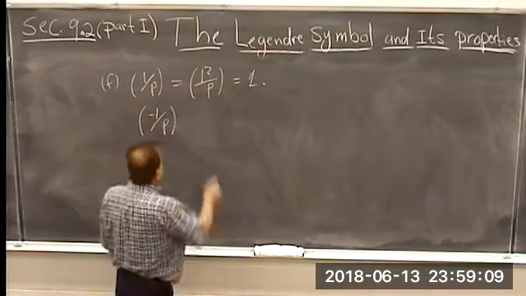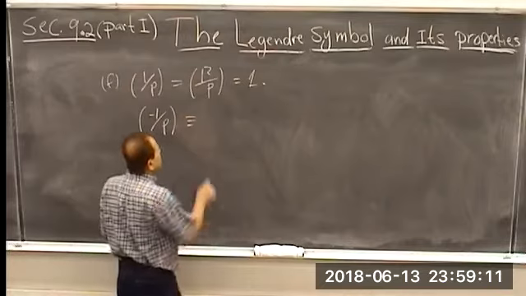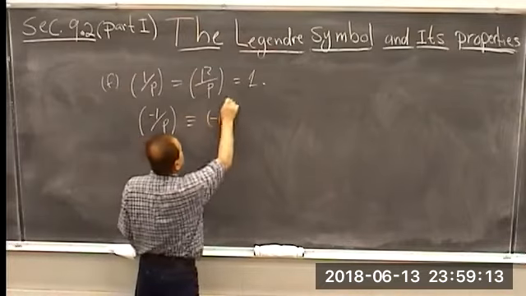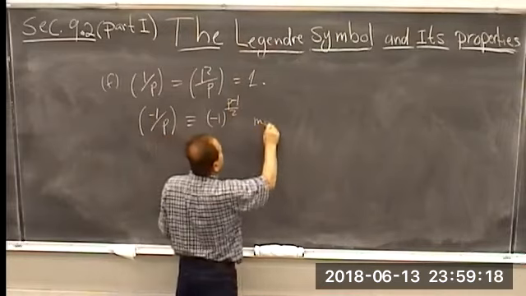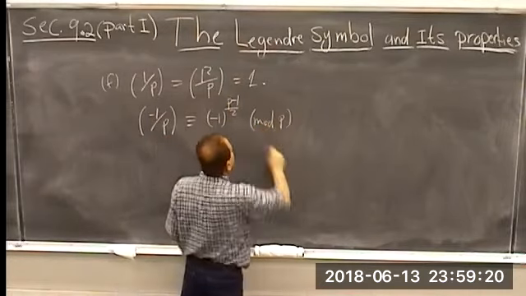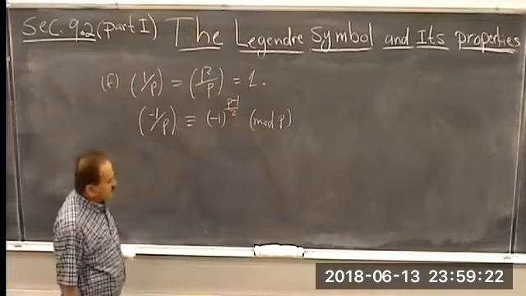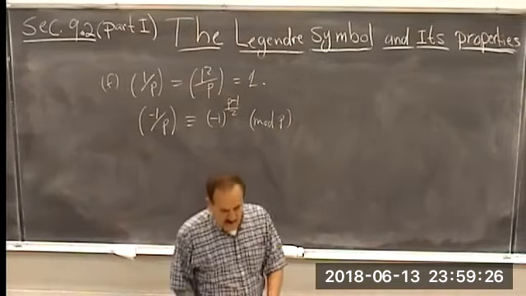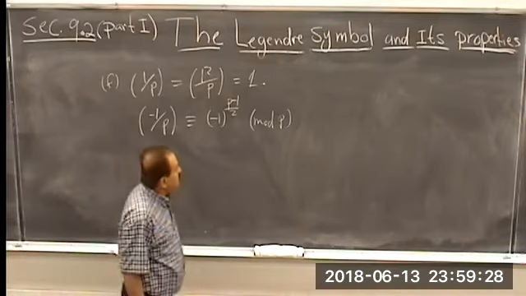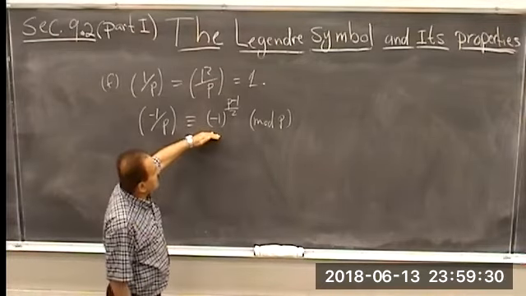This one is congruent to negative 1 to the (p minus 1) over 2 mod p. All right, and this is actually what it is.